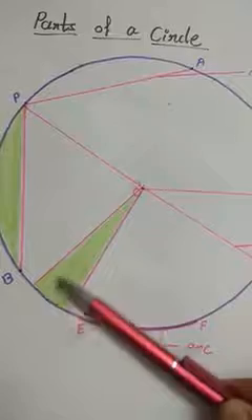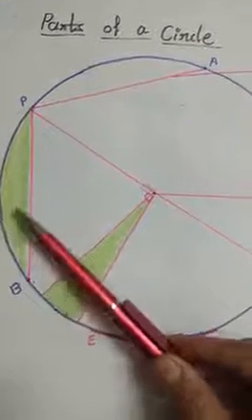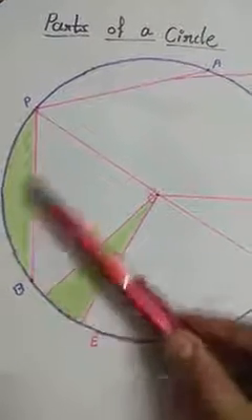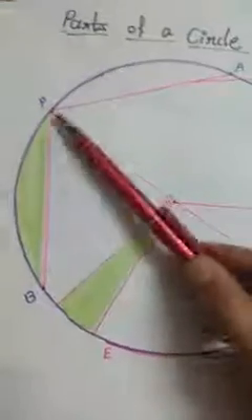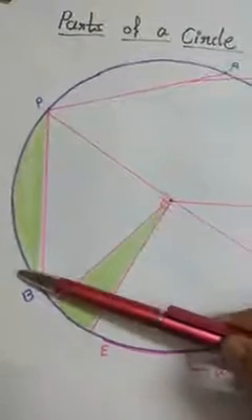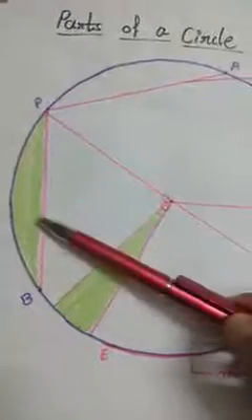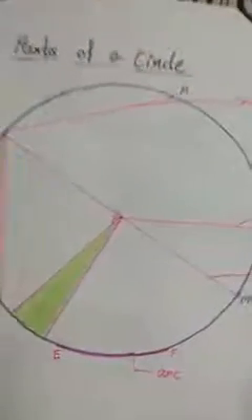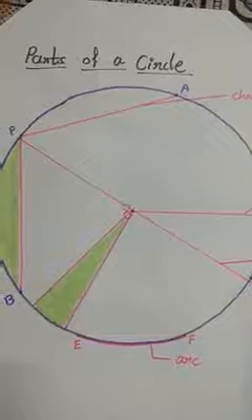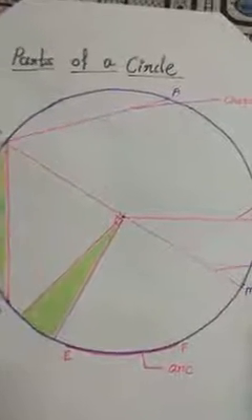And a segment is the region in the interior of the circle enclosed by an arc on one side and a chord on the other. Okay, these are the parts of a circle. You also draw a circle and name the parts.